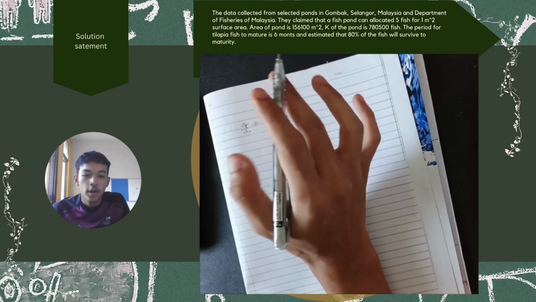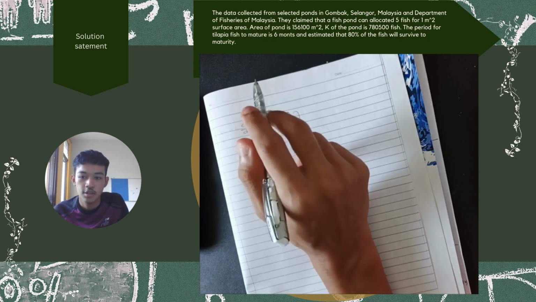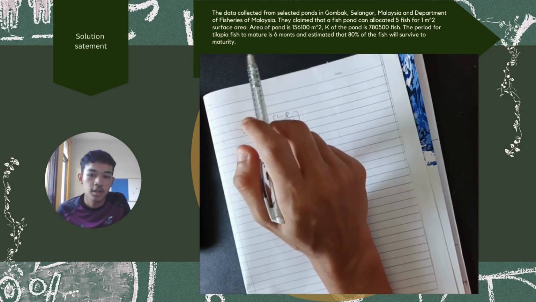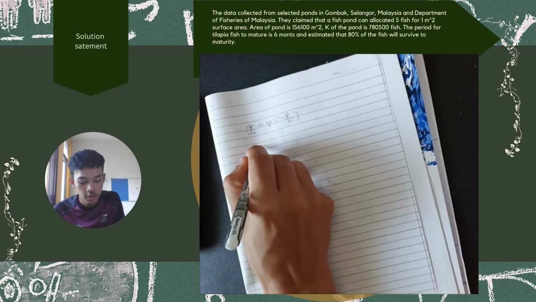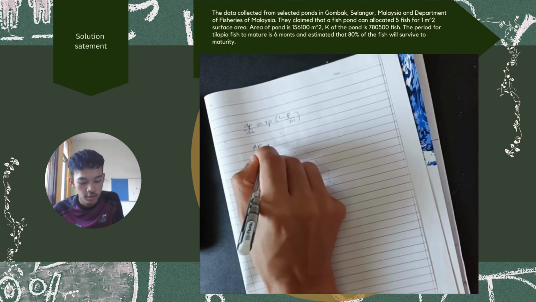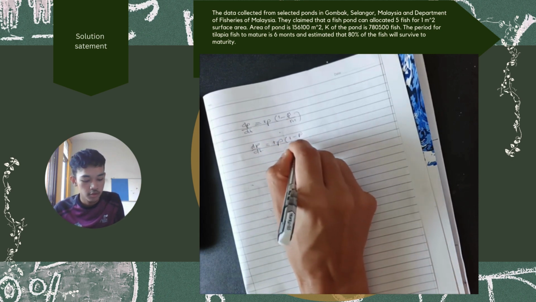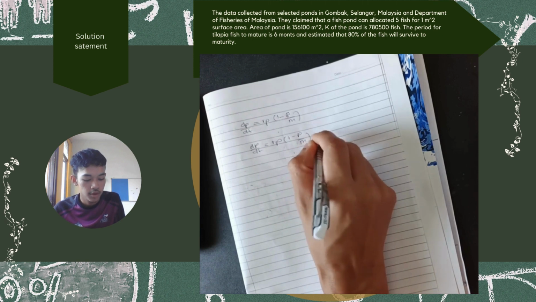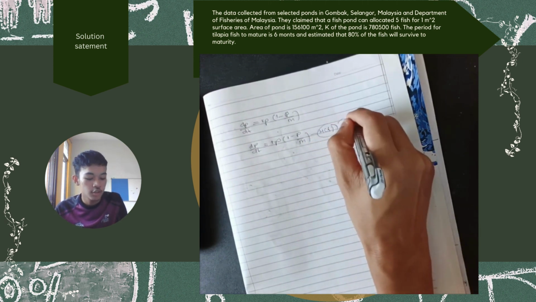When the harvesting parameter H is introduced, the logistic growth model with constant harvesting is dP/dt = rP(1 - P/K) - H, where H is a constant.